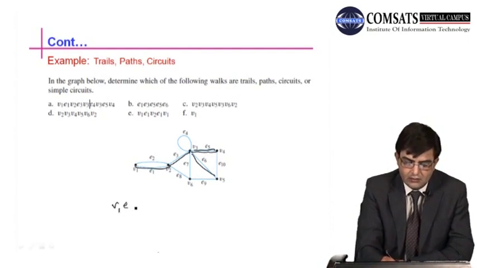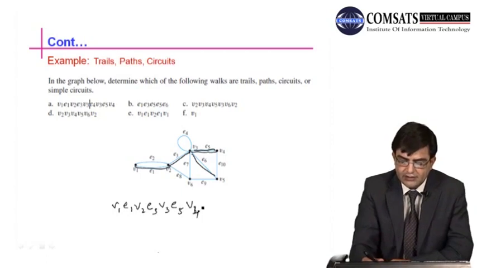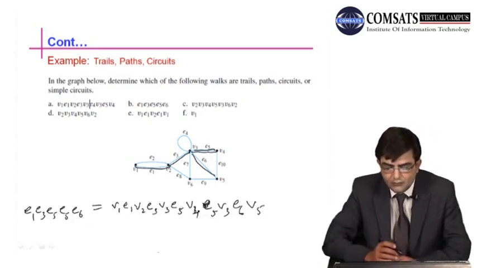So in an explicit way we can write this as V1 E1 V2 E3 V3 E5 V4 E5 V3 E6 V5. So E1 E3 E5 E5 E6 can be written like this.